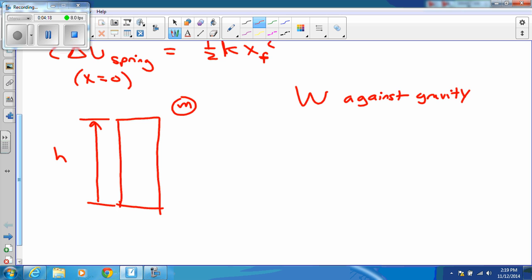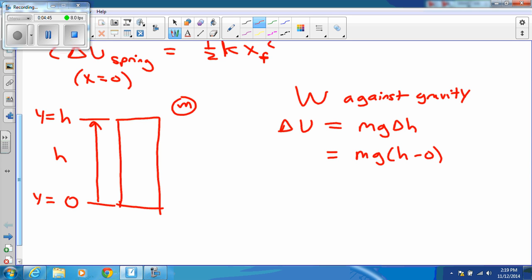Well, if my height is h, then it makes a whole lot of sense that I might call the bottom of the building y equals 0. Then it automatically follows that the top of the building is y equals h. So the work done against gravity, which is equal to the change in potential energy, is mg times delta h.